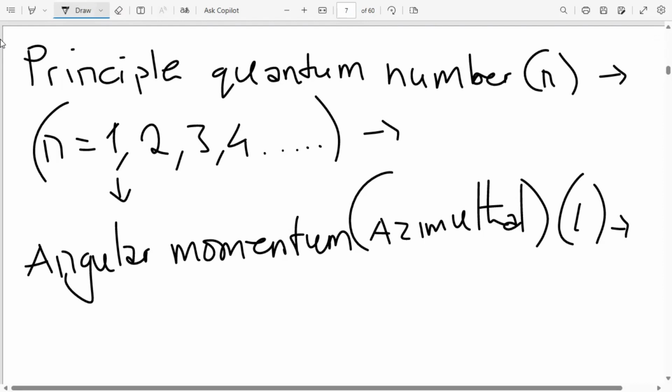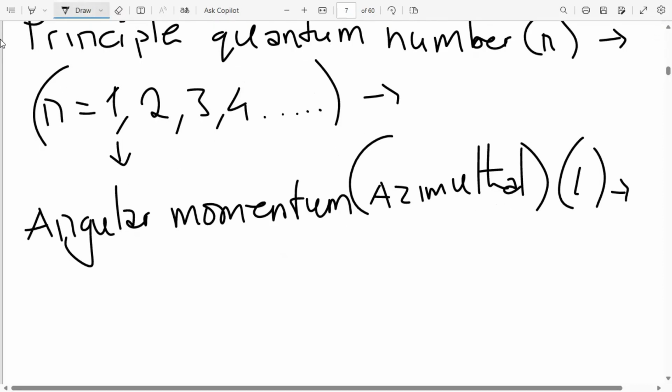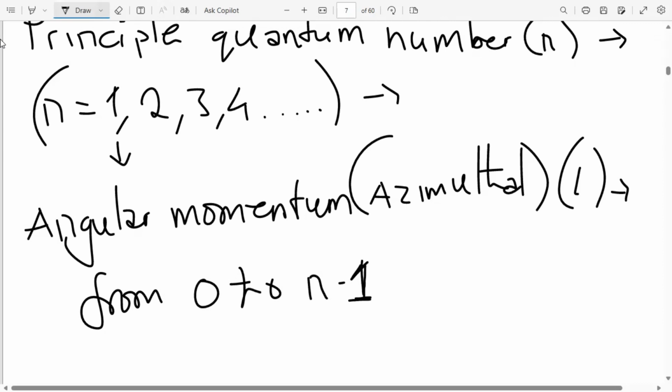This quantum number is also represented by numbers, and these numbers can range from 0 to n minus 1. Where is the n coming from?